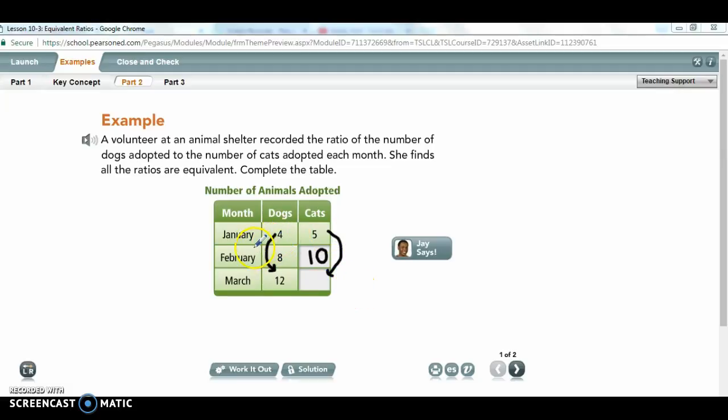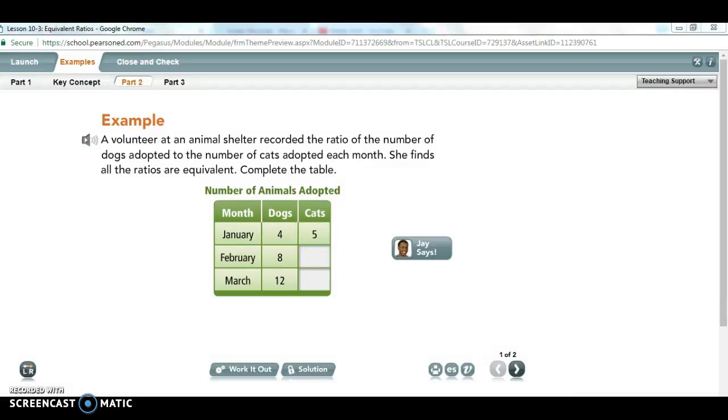So 4 times 3 equals 12, so 5 times 3 equals 15. So in the month of March, my equivalent ratio is 12 to 15, which is also equivalent to February, which was 8 to 10, and then back to January when we had 4 dogs to 5 cats.